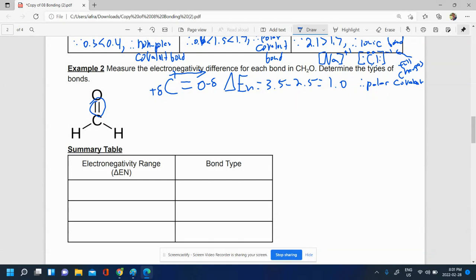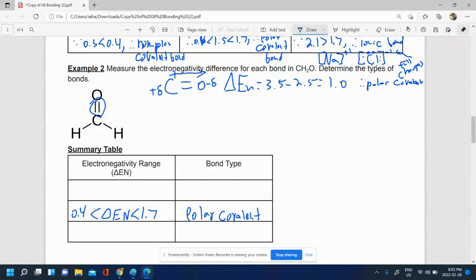And so what we saw here is the polar covalent example. And that's when you have an electronegativity difference that's greater than 0.4, but less than 1.7.